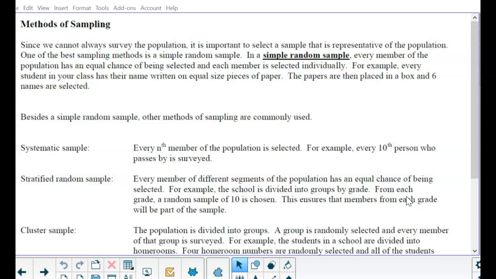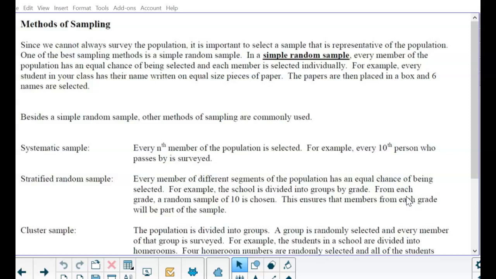Like in this example, a TV news show conducts a survey by asking people to phone in with their response. You're probably not going to phone in if you didn't really care about the question. You are going to call in if you care, and is that really representing the whole population? Maybe most people don't care. So self-selected isn't a good random sample.